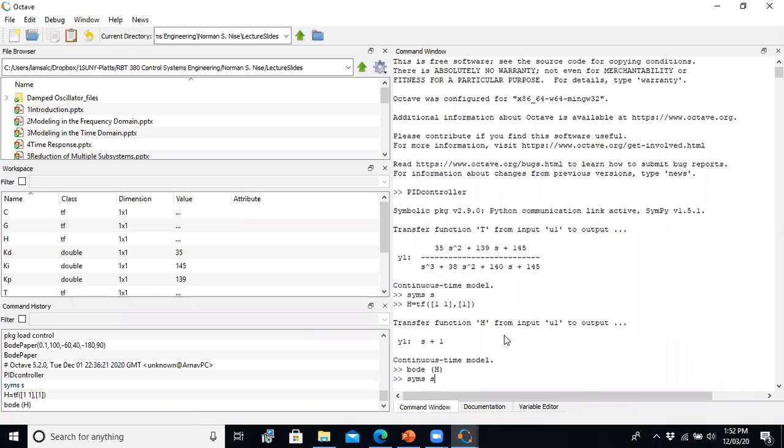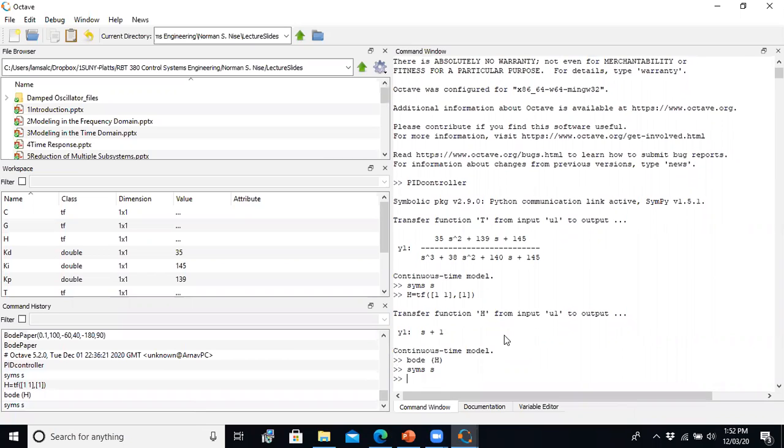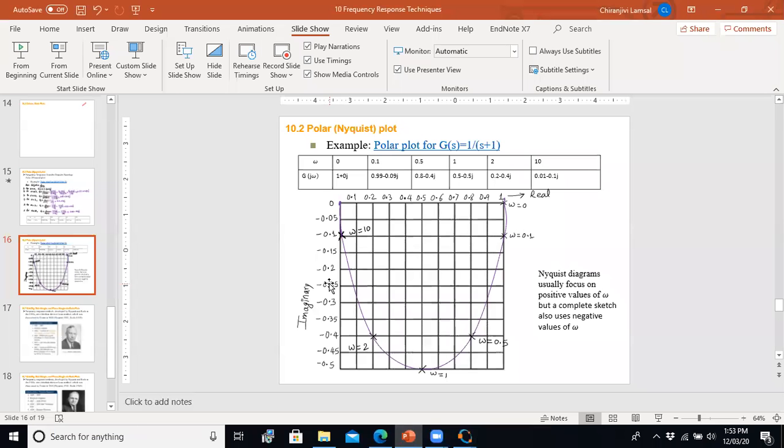First of all, you have to define syms s, right? That's syms s. Then define your transfer function. For s plus 1, how do you define the transfer function? Let me show you how you define it here.